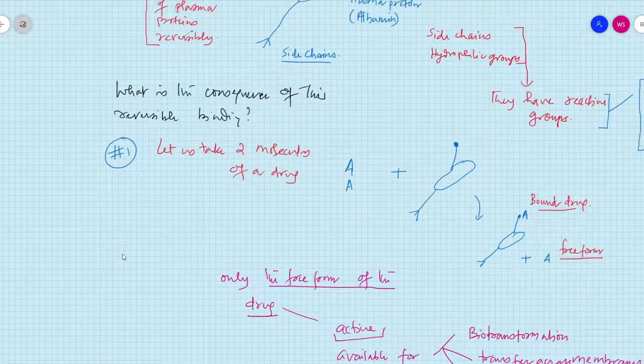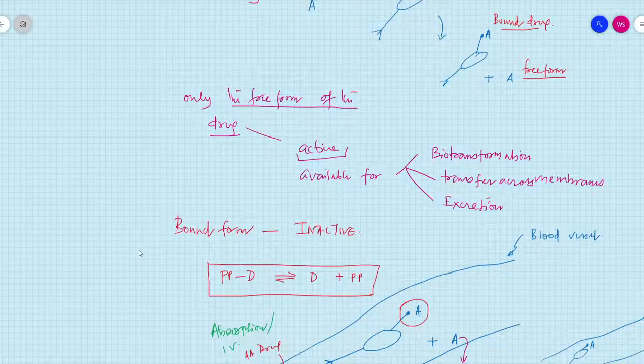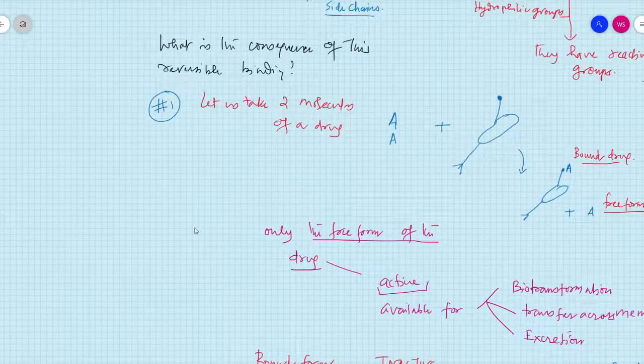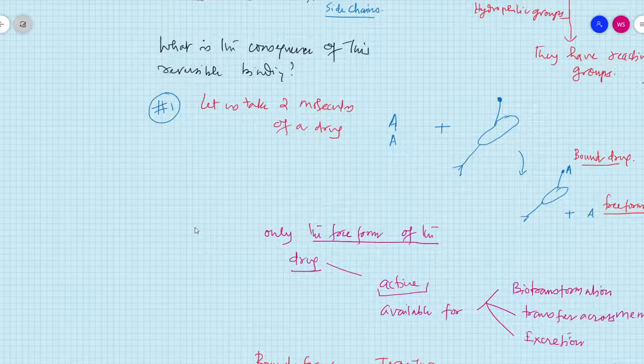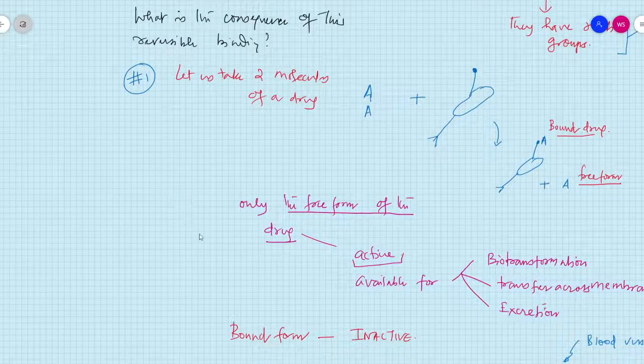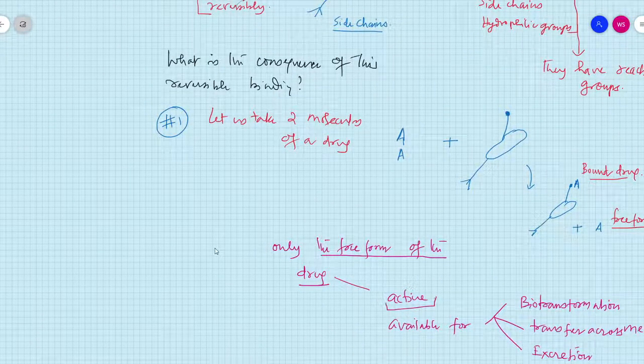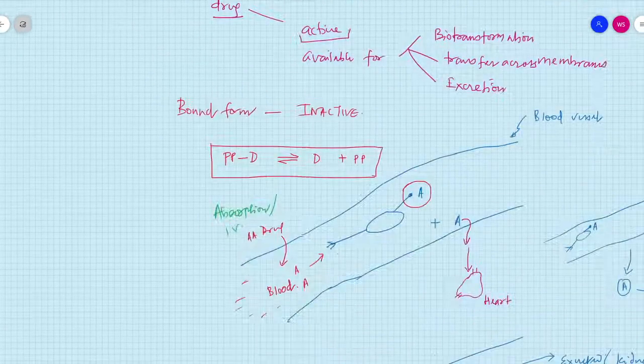We were talking about what is the consequence of reversible binding. So what was the first consequence again? Right. Only the free form will cross the membrane, and then there can be redistribution. So those are the two consequences of this reversible drug binding.